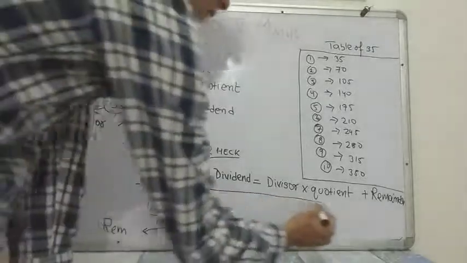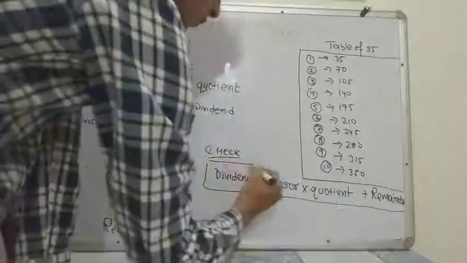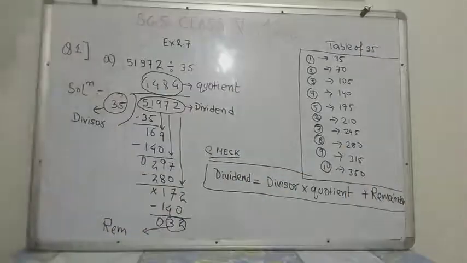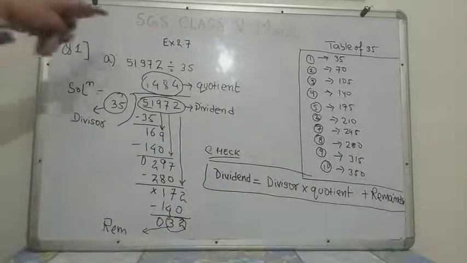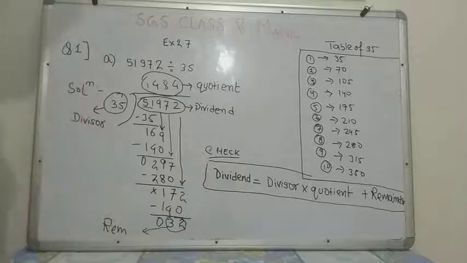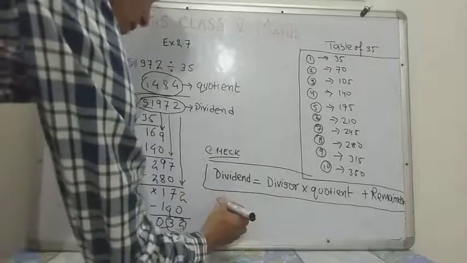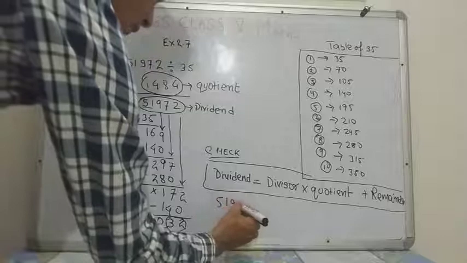You have to apply this rule to check whether your division is correct or wrong. If both parts are equal, that means your division is correct. So let's see whether our division is correct or not.